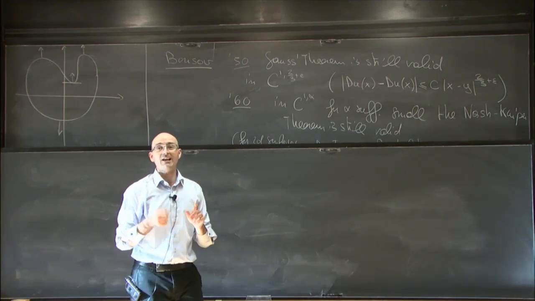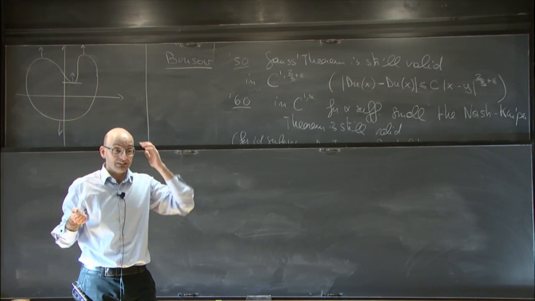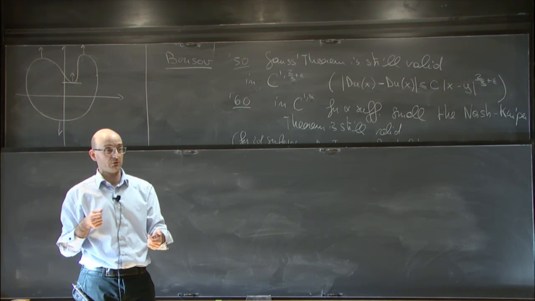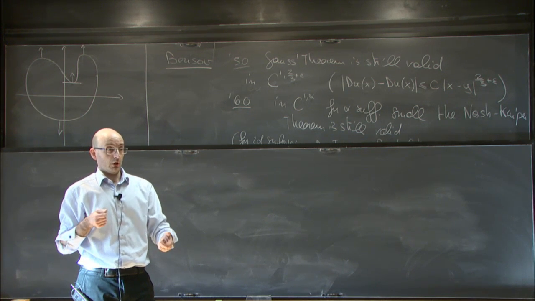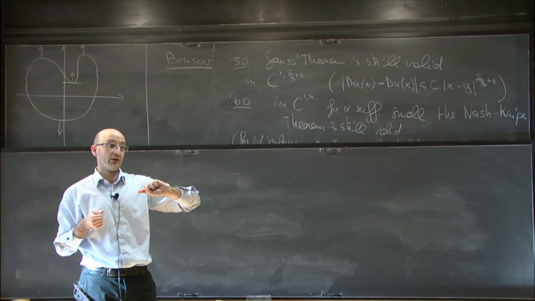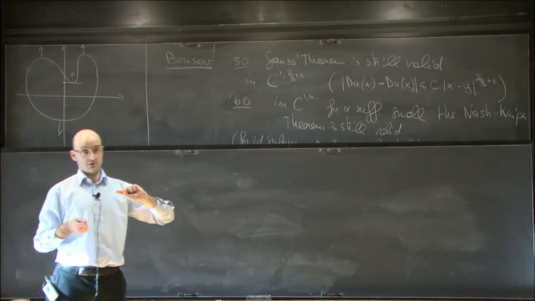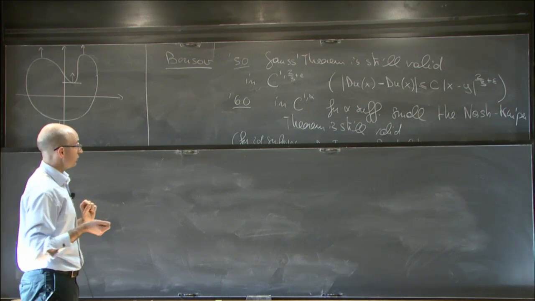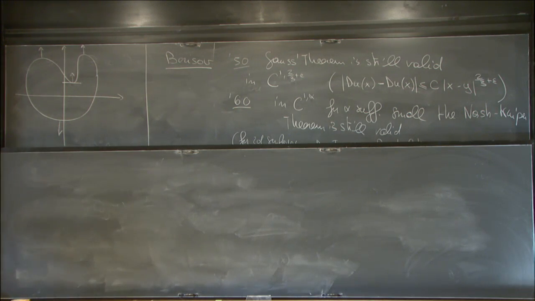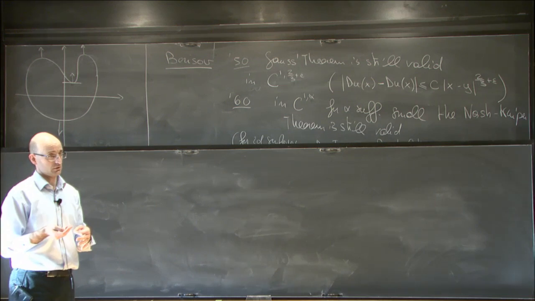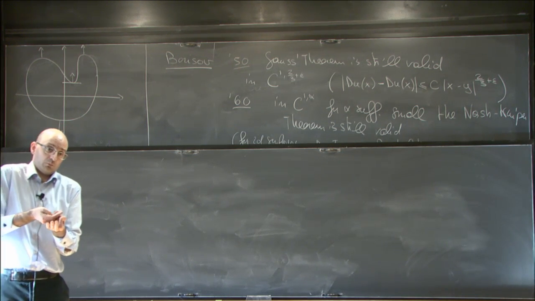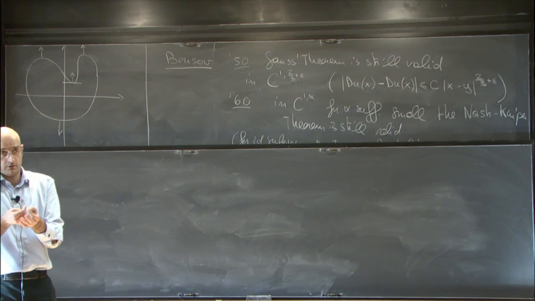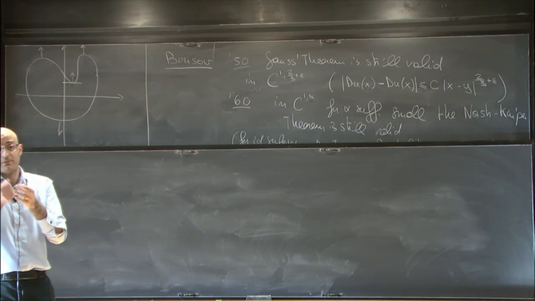But people didn't realize that until 1999, when Müller and Šverák drew the connection between what people were doing in the theory of differential inclusions and what the geometers had been doing by following up Nash through the work of Gromov and so on, since these constructions were used in several other places. Of course, in the literature of differential inclusions, you work with Lipschitz maps. In convex integration, or in the theory of Gromov, you work with differentiable maps, with C1 maps. So there is a mismatch between the two.